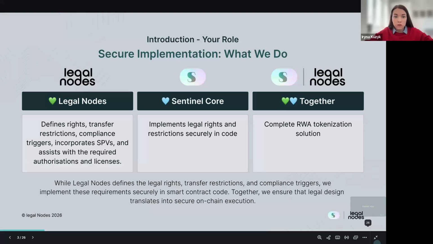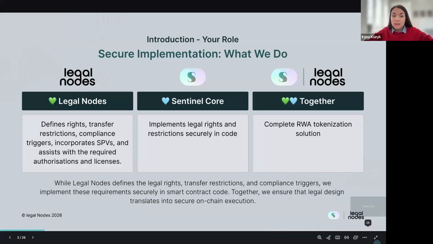That would include determining what type of financial instrument the token represents, whether that's equity or maybe a debt note, and how those rights are legally documented and enforced. We also help projects navigate regulatory frameworks across multiple jurisdictions, including securities law, licensing requirements, and investor distribution rules.